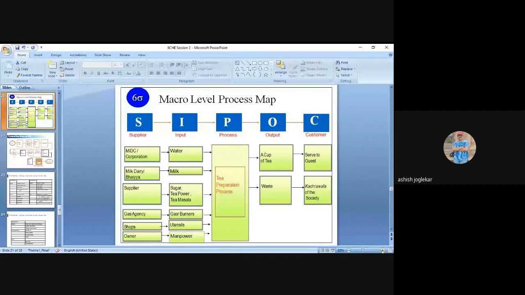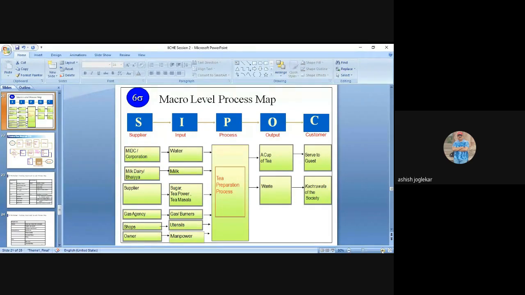So you are preparing a tea. Who is the supplier? Water, that is MIDC, because we are in Maharashtra, we say MIDC or some corporation which is providing water. Milk comes from the dairy, and the milkman also supplies milk. Then we have the shop from where we take sugar, tea powder, all these things.